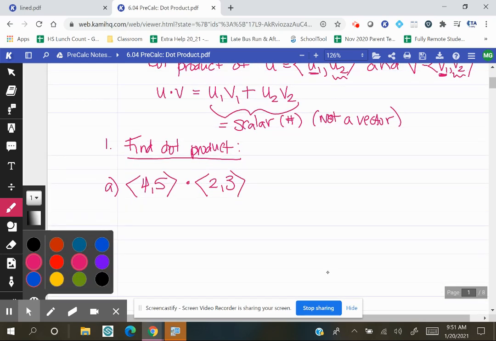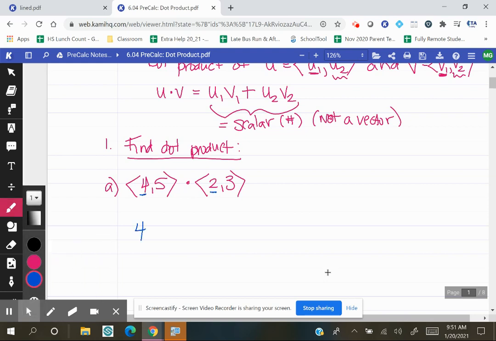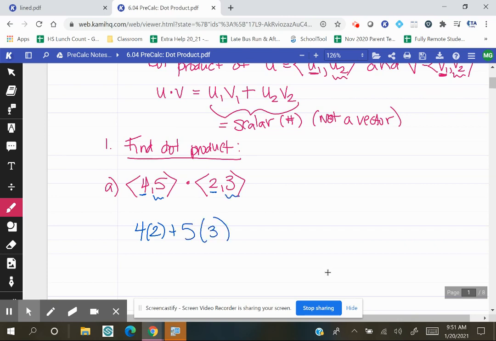First I want to take 4, multiply it by 2, and add that to 5 times 3. Then I'm just going to multiply and add, so 8 plus 15. So my dot product is equal to 23.